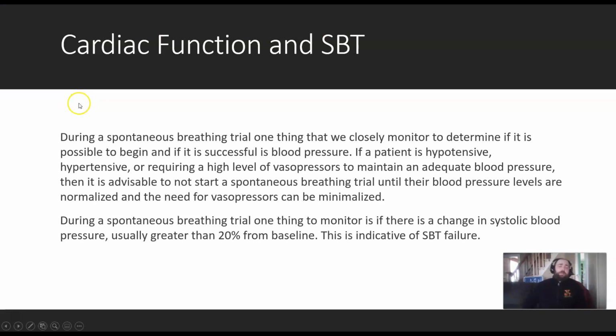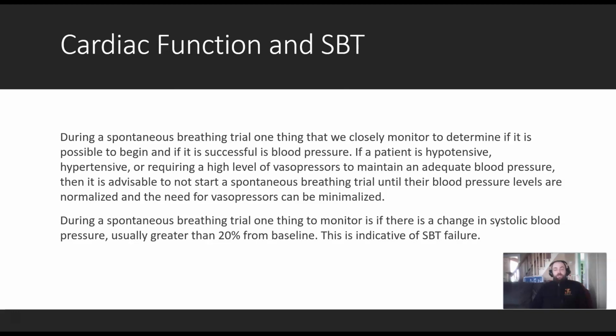So on to the next part, cardiac function and spontaneous breathing trial. During a spontaneous breathing trial, one thing that we closely monitor to determine if it's possible to begin, and if it's successful, is blood pressure.